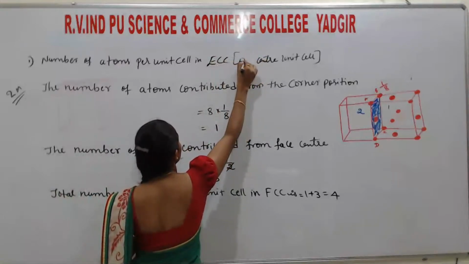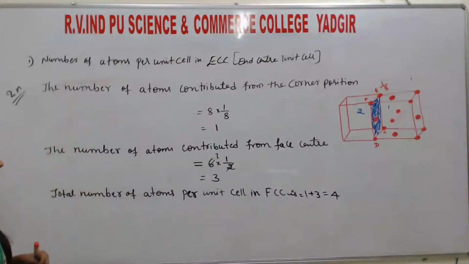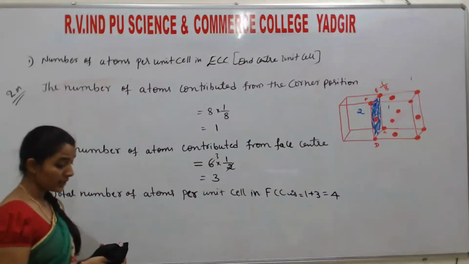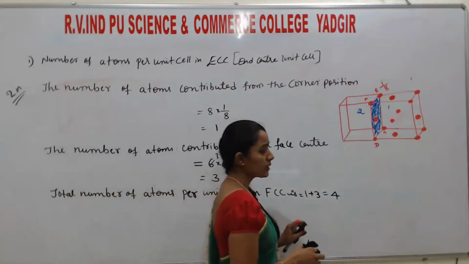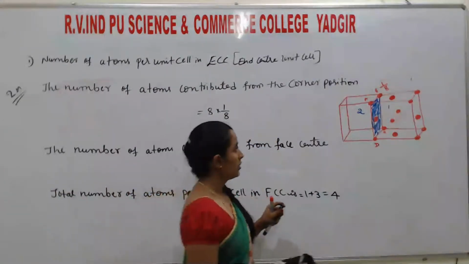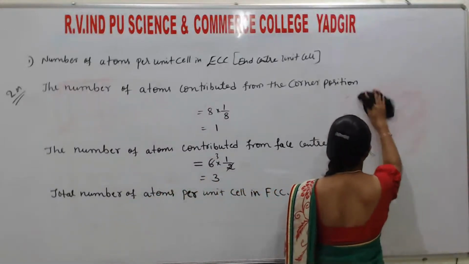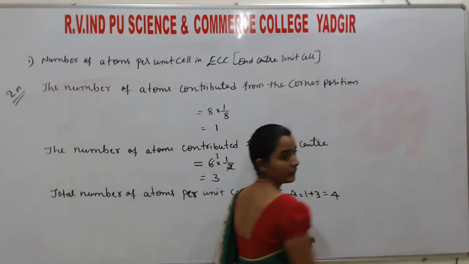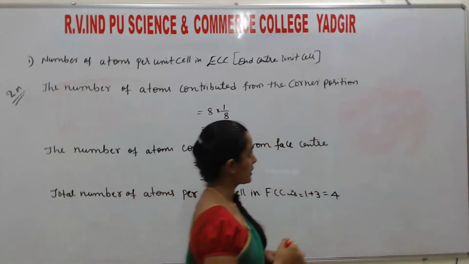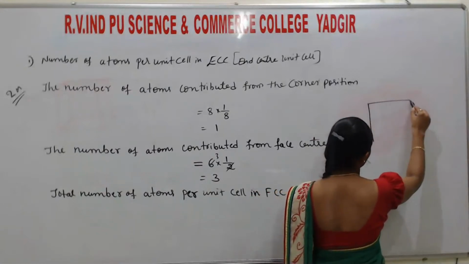ECC means end center. Okay. So students, what is end center unit cell? It is also face center only. If you want to write end center, this is the constituent for our unit cell.